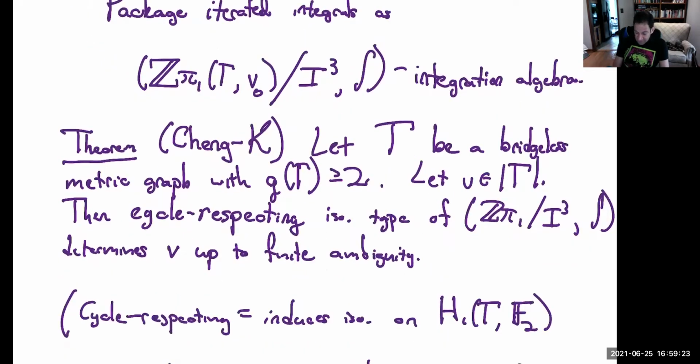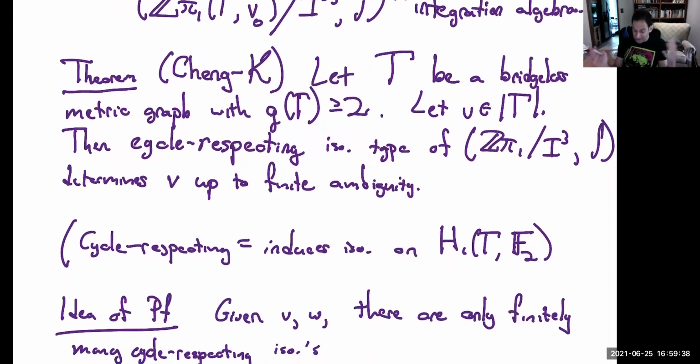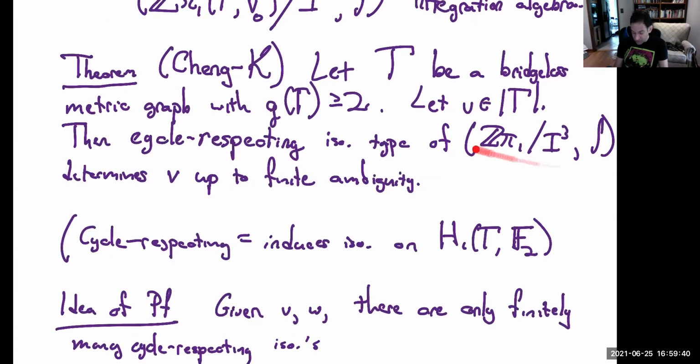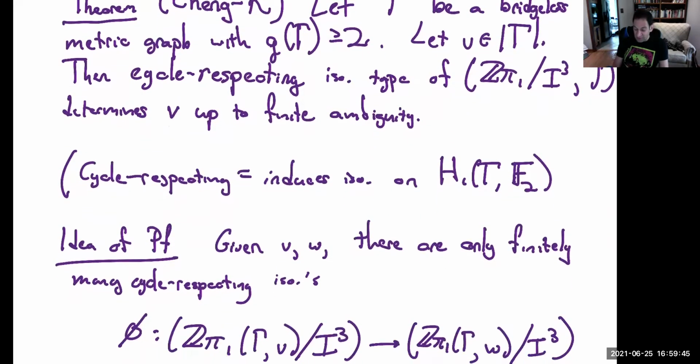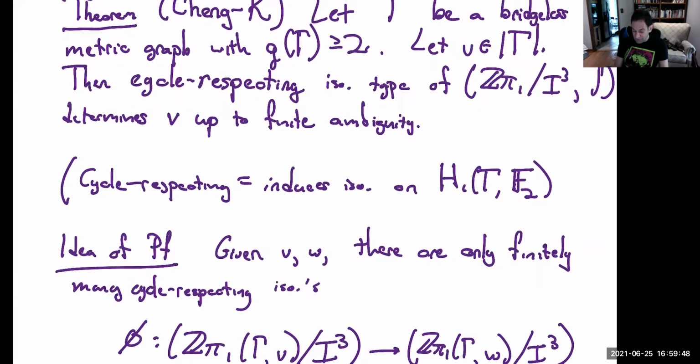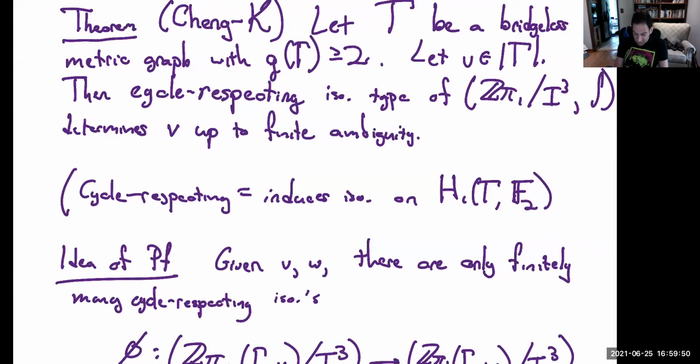And this kind of remembers base points. So if gamma is a fixed bridgeless metric graph with genus at least 2 and V is a point in the graph, then the cycle respecting isomorphism type of the integration algebra determines V up to finite ambiguity. And here cycle respecting means it's an isomorphism of this that induces an isomorphism on the first homology with coefficients in F2.